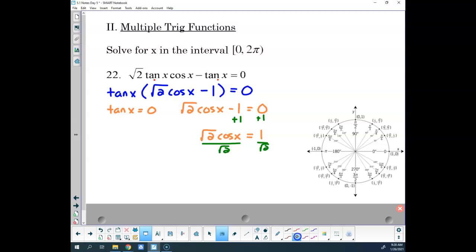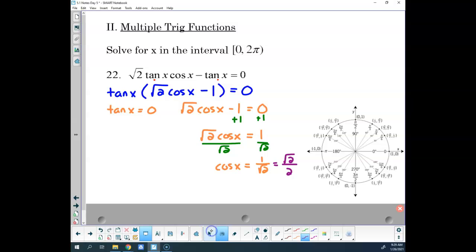And that would give me cosine of x equals 1 over the square root of 2, which if I rationalize that denominator, would be the square root of 2 over 2. Multiply both top and bottom by the square root of 2. Okay?